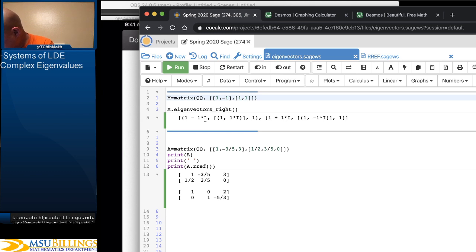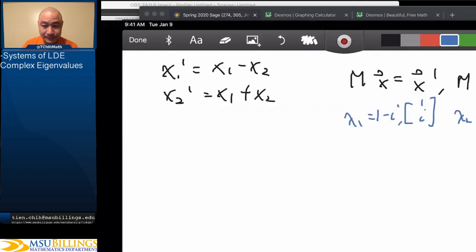Lambda 1 is 1 minus i, and that's associated with eigenvector 1, i, and then lambda 2 is 1 plus i, and that's associated with eigenvector 1, minus i.